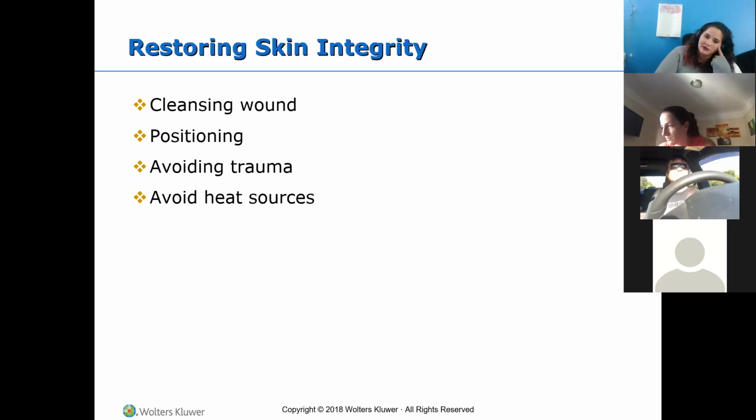Restoring skin integrity, we're going to be cleansing wounds, positioning, avoiding trauma, and avoiding heat sources.